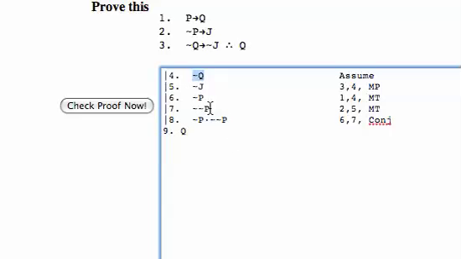We assumed not Q, we produced a contradiction, so we can say Q, the opposite of the assumption. In this case, it just happens to be the conclusion, so by saying Q, we've proven that this argument establishes validly that Q is true. So, here's the rule. Lines 4 through 8 are AA for reductio ad absurdum.